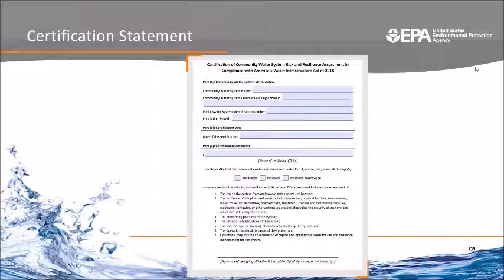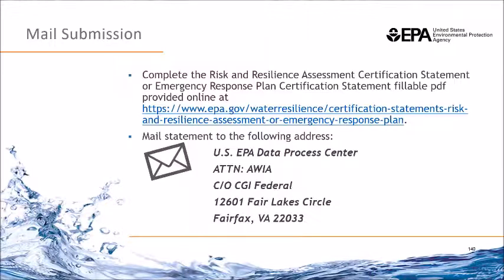Of course, when that happens, we're working with that system and going through the process via phone call or email or whatever information we do have. But to mitigate any problems or errors, we ask that you really double check the email address you provide and the PWS ID number you provide. I just wanted to go over that as a note during this section.